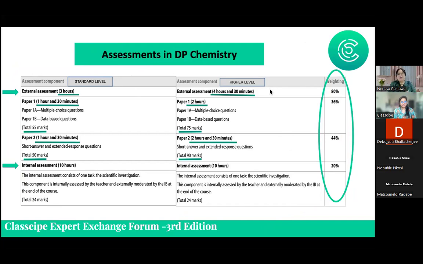Okay, so like what I'm saying, it's important that we understand the summative assessments so we know how to design our formative assessments. Although you might be thinking, okay, all the external assessments will just be paper 1, paper 2, it's just multiple choice. It's all written. Then why is there a need to vary the formative assessment?